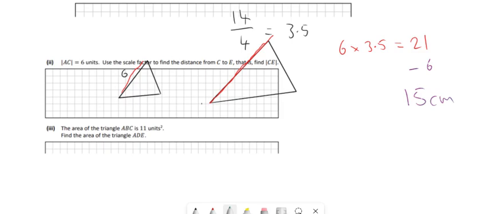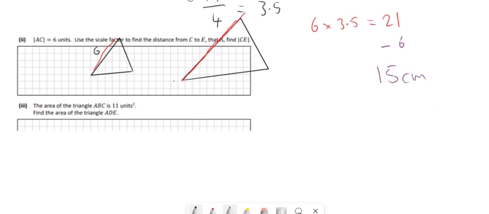Then for the last part, this is the area of them now, so it's in units squared. So if I was to do 3.5 squared, that gives me 12.25.